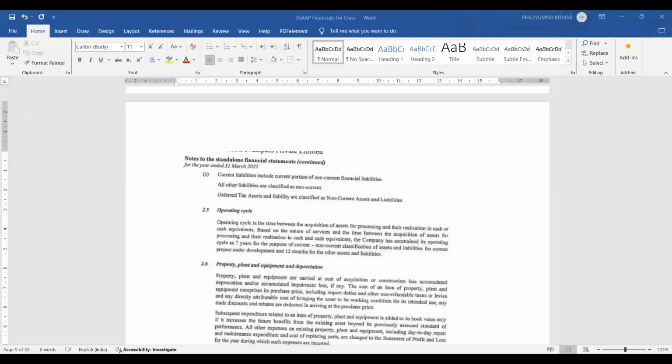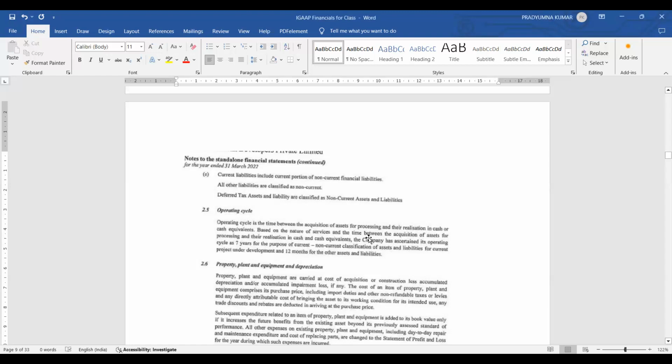You see here, the operating cycle of an entity is the time between the acquisition of assets for processing and their realization in cash or cash equivalents. Where the entity's normal operating cycle is not clearly identifiable, it is assumed to be 12 months. So the schedule says the same thing that they have reflected here.